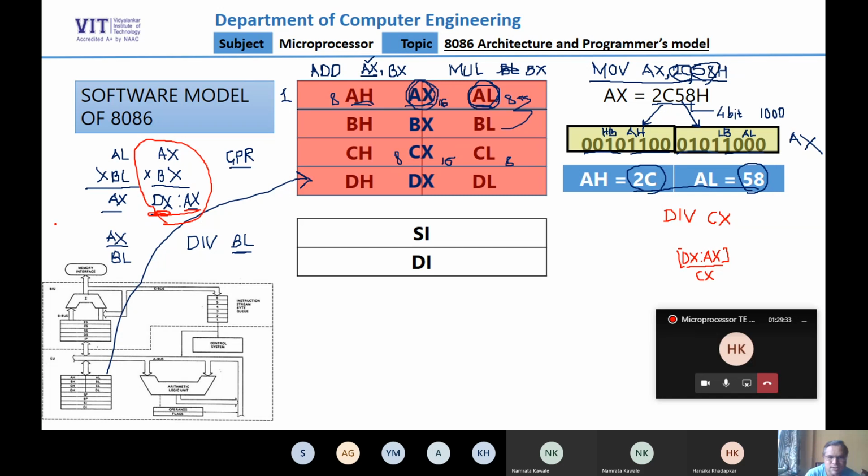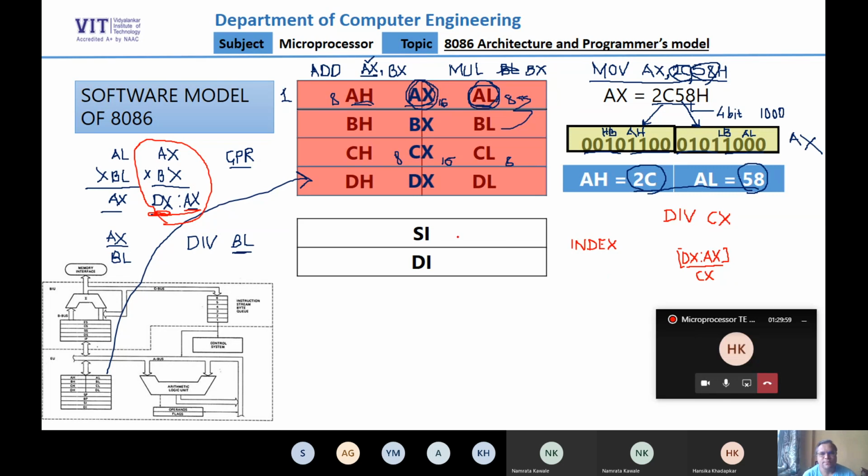There are 2 index registers. These are called index registers in 8086. Now the next point you should write in your answer to the programmer's model is the index registers. Now you should write the 8086 processor provides 2 16-bit index registers.